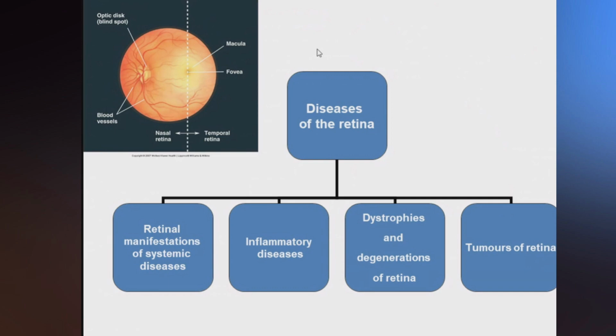Inflammatory diseases, dystrophies and degeneration of the retina, tumors of the retina. Inflammatory diseases of the retina we will also discuss in the lecture in which we discuss inflammatory diseases of the eye. Today in this lecture we should discuss just dystrophies and degeneration of the retina, and some words I will tell you about tumors of the retina.